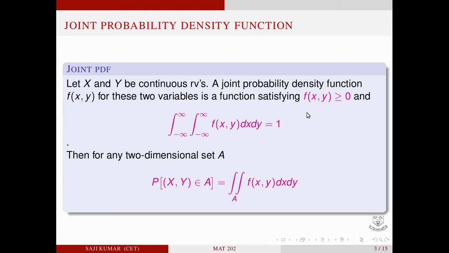Here also the two-dimensional function f(x, y) must satisfy the condition of non-negativity and the total volume under the surface z equals f(x, y) above the xy plane must be equal to 1. And if you are considering a part of the xy plane, say set A, then the probability that the pair of continuous random variables belongs to that subset A is equal to the double integral over the region of f(x, y) dx dy.